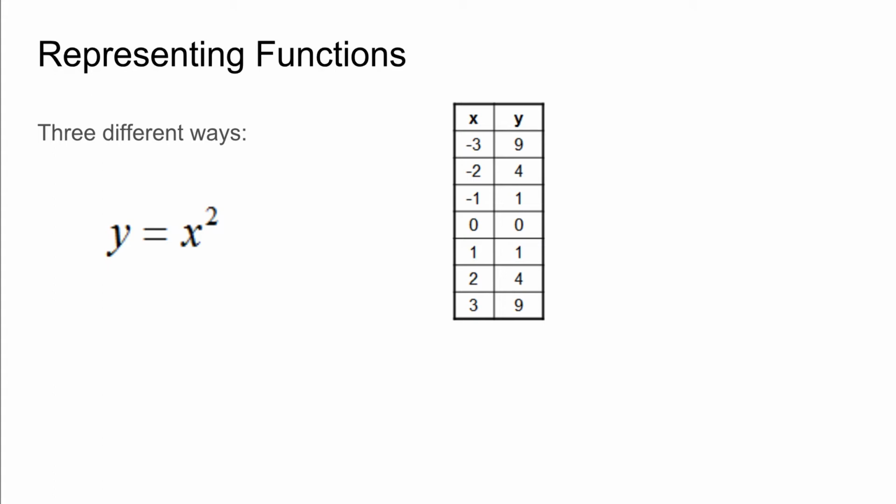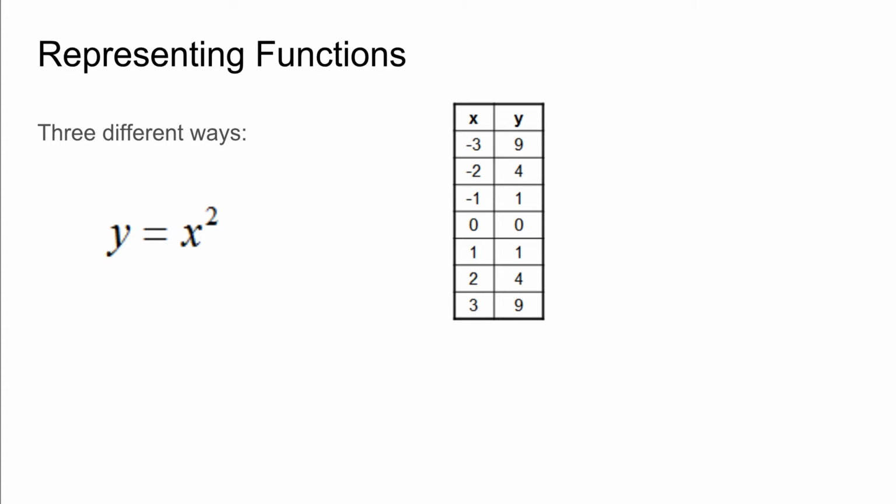How do we represent a function? A function is just a concept, but we make it real by representing it, by putting it on paper. There are 3 different ways to do this. The first is with an equation like this that you just saw. y equals x squared. That's an equation. We can also make a table of values.